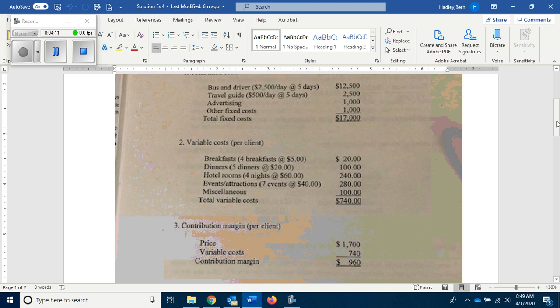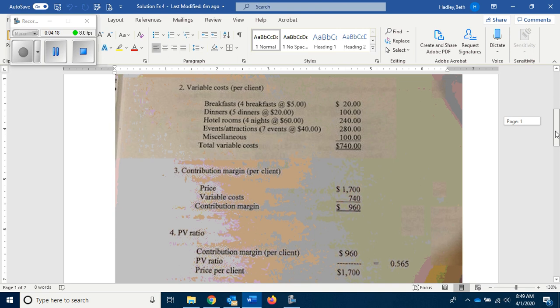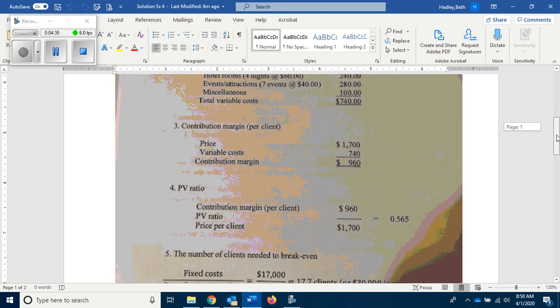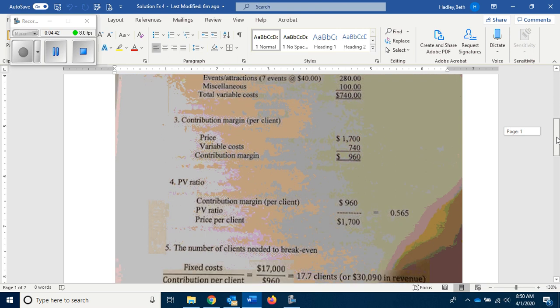Part 4 is the profit volume ratio, your PV ratio. Your contribution margin divided by your price equals 0.565, or as we used to do when we did vertical analysis, 56.5%.